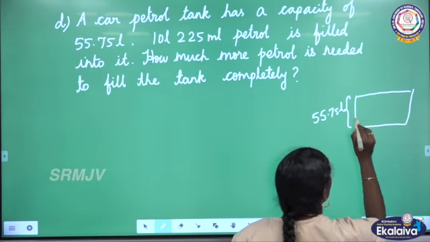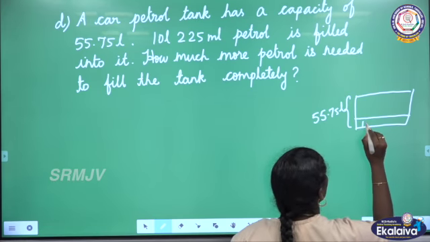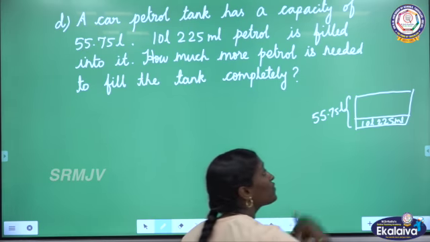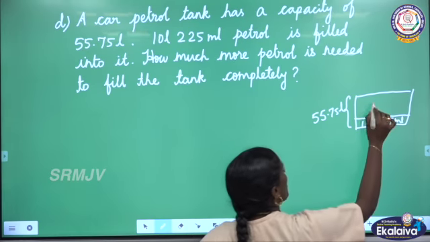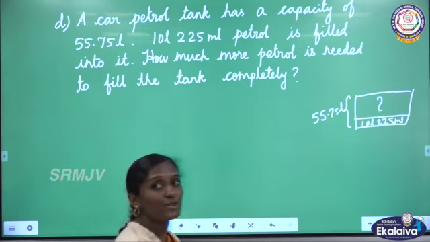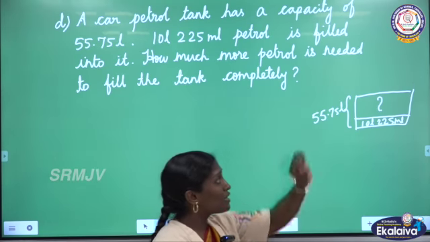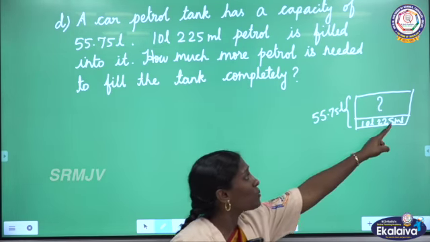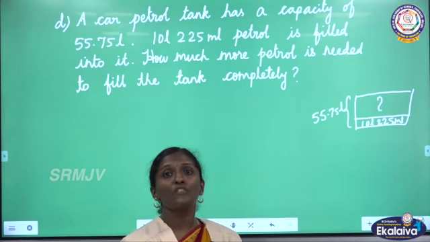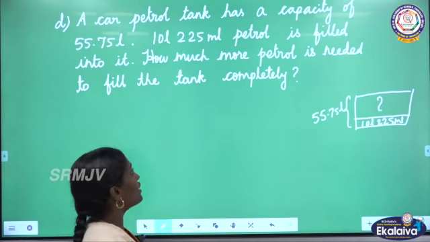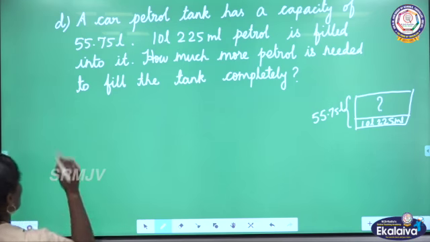Here 10 liter and 225 milliliter of petrol is filled in it. So how much more petrol need to fill the tank? For that, from the total capacity of the tank, we have to subtract the capacity of petrol filled. Then we will get how much more petrol need to fill.